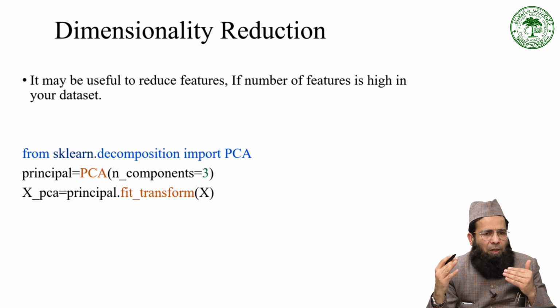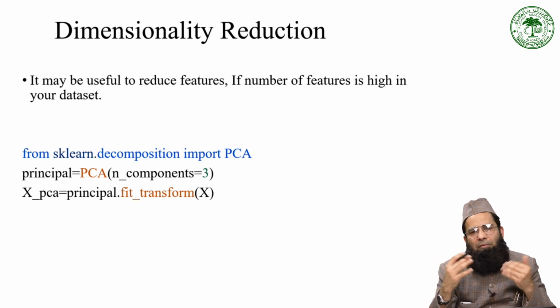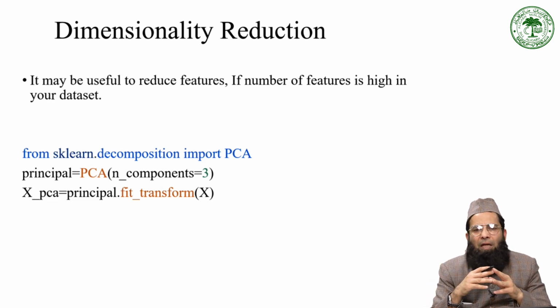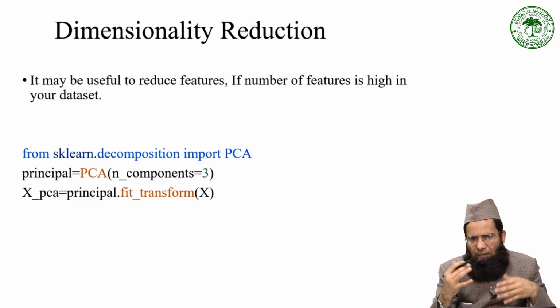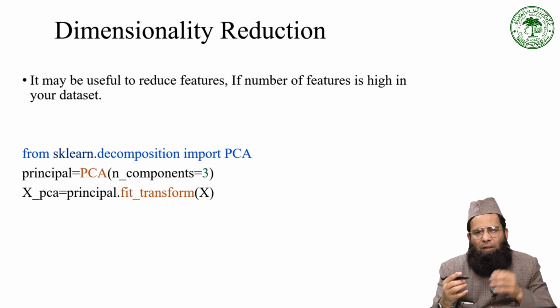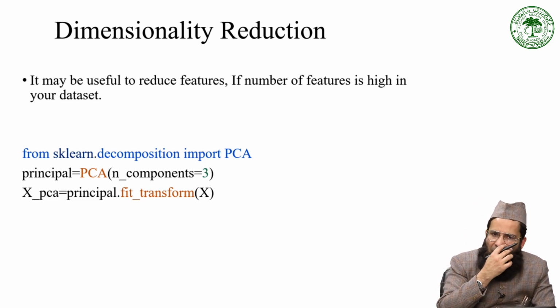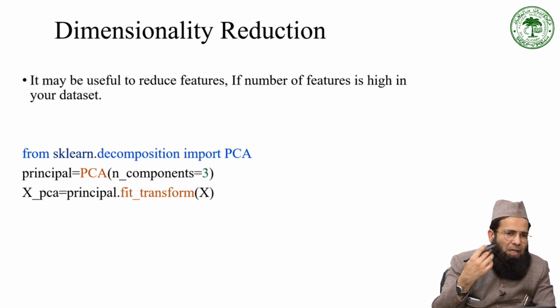Apart from principal component analysis, there are certain other dimensionality reduction methods such as linear discriminant analysis and T-distributed stochastic neighbor embedding, which we call T-SNE. So how can we use dimensionality reduction using Sklearn?